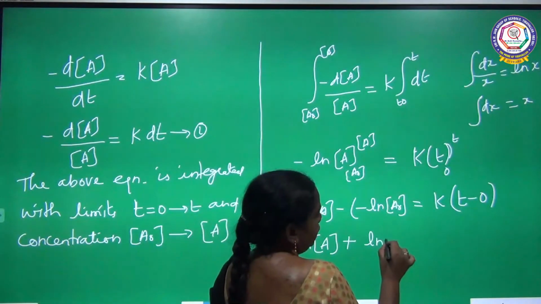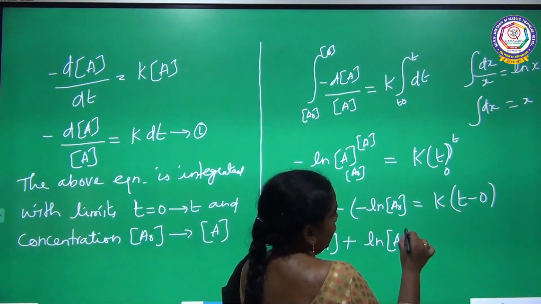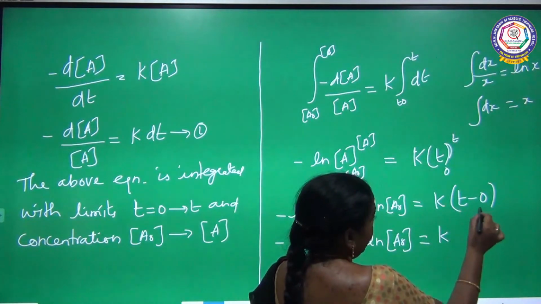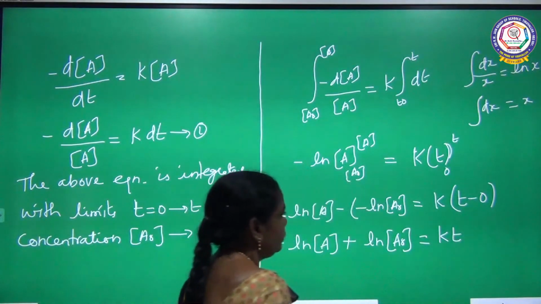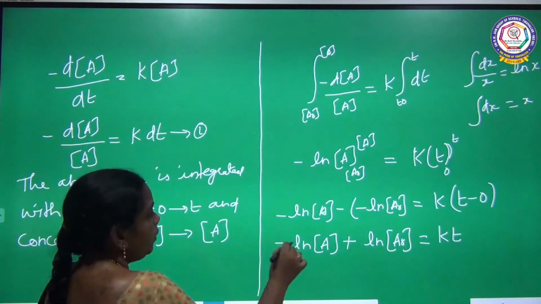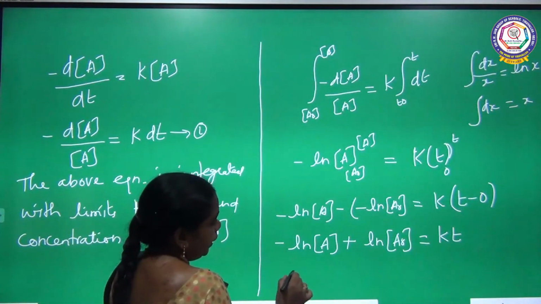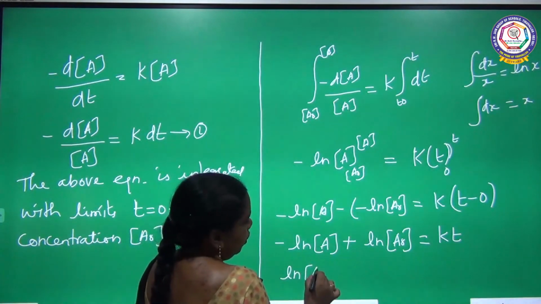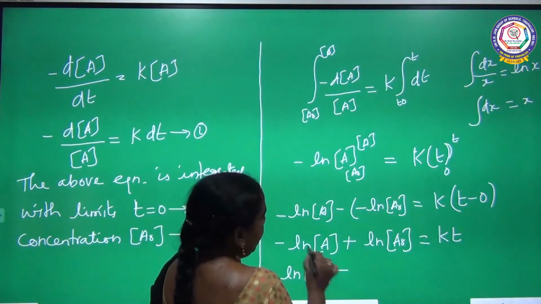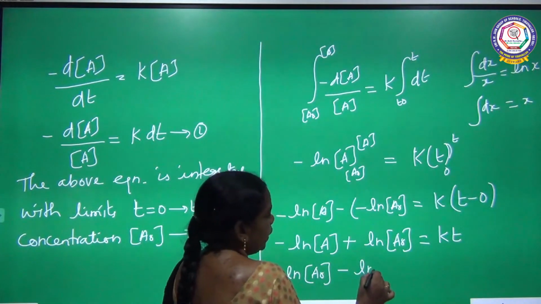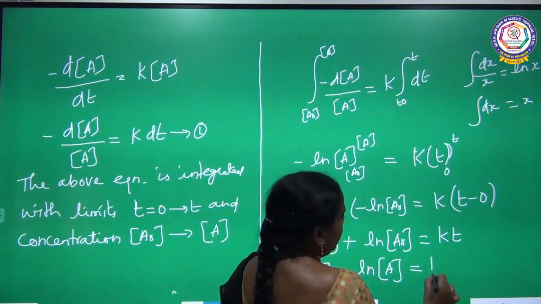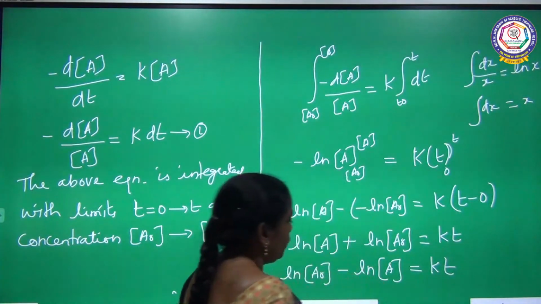So ln A0 minus ln of concentration of A equal to Kt.